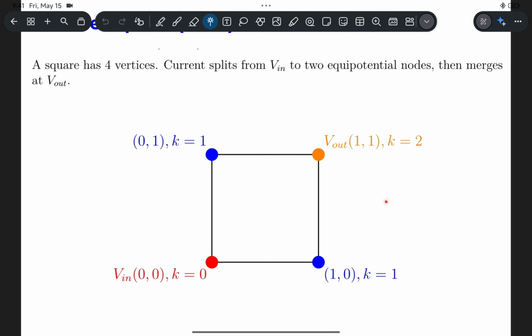So if the number of ones in the coordinates are equal, they will definitely have equal potential in this particular case, in the case of cubes, given that the cube is symmetric.